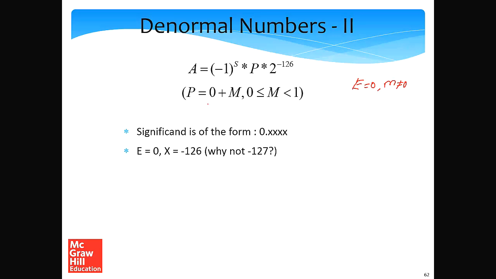Instead of assuming that the significand is of the form 1 plus m, we assume it is 0 plus m, right? 0 becomes the default and the mantissa remains between 0 and 1. And the exponent we assume is 2 to the power -126, right? So in this case, E is equal to 0 and we assume that x is equal to -126.